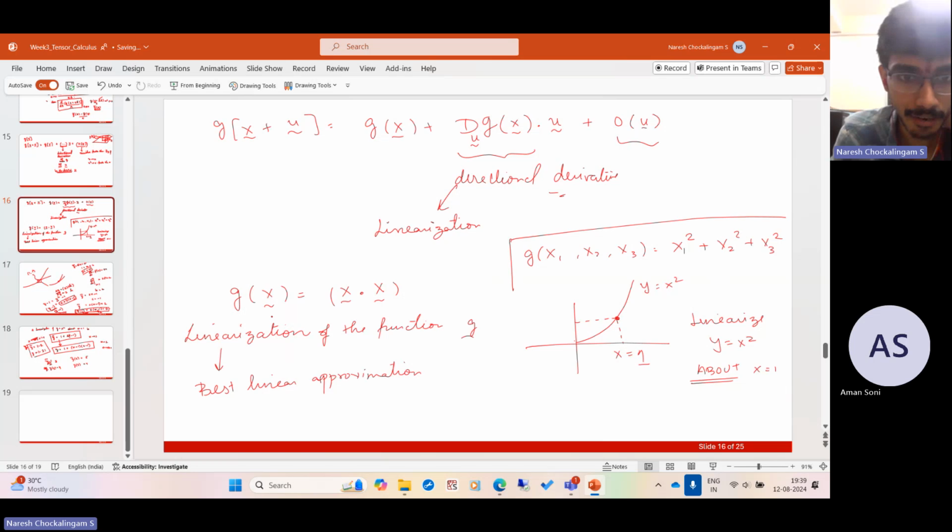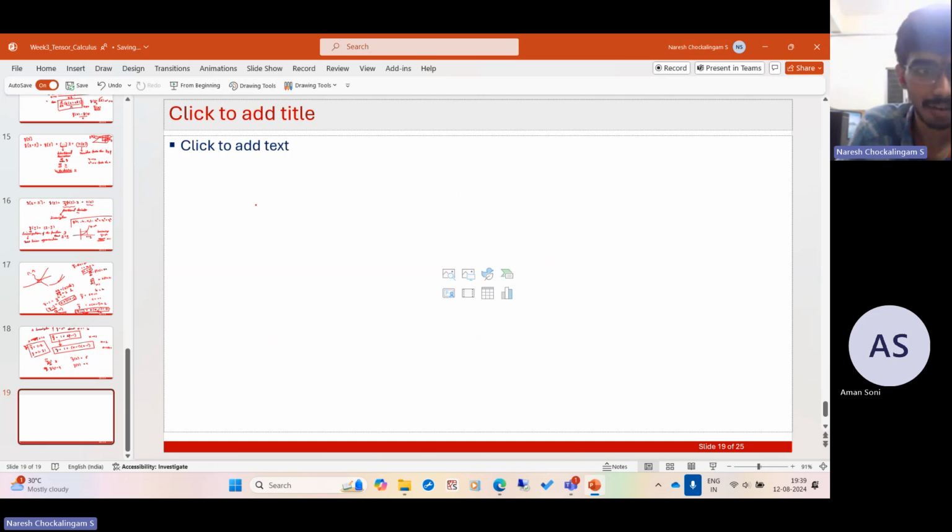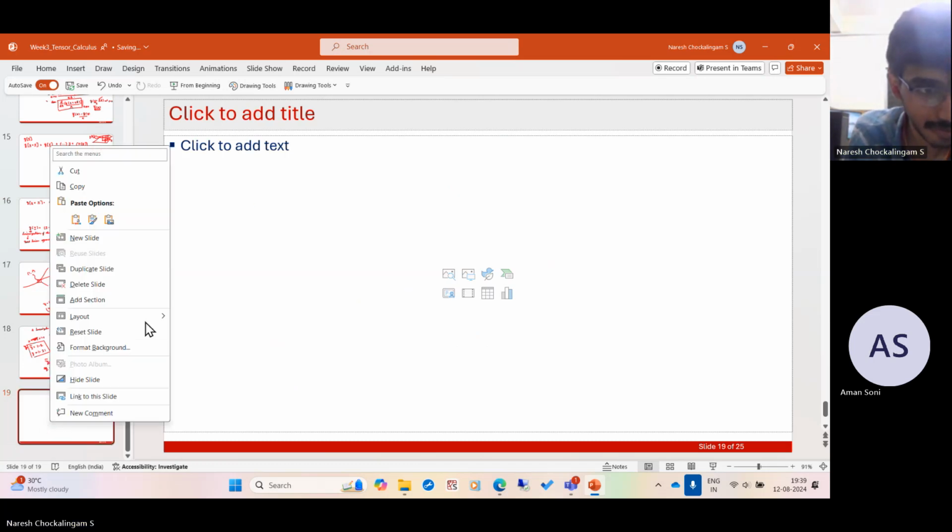Now we are looking at linearization of this function g of x, given as the dot product of x with itself, about which point? Let us take the point x equal to 0, the zero vector.